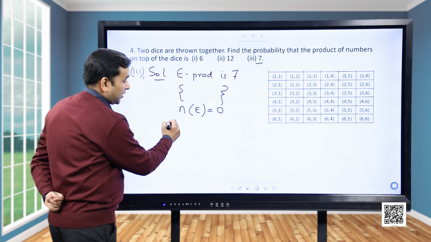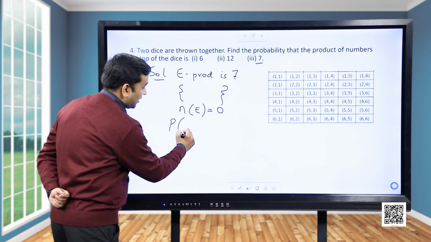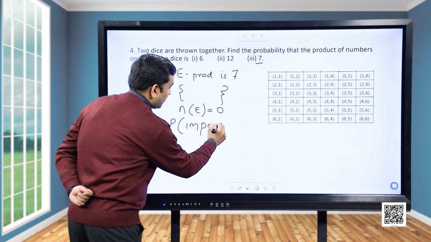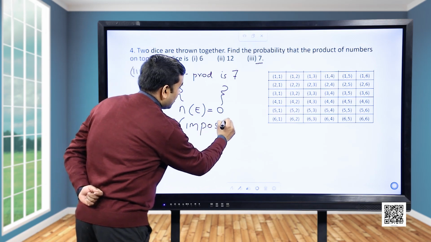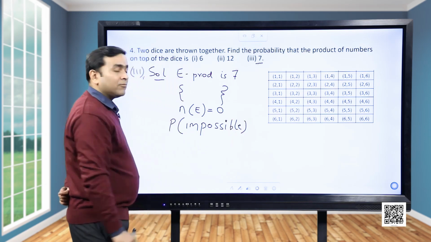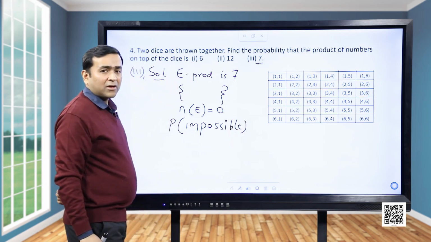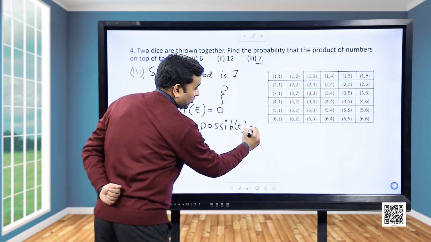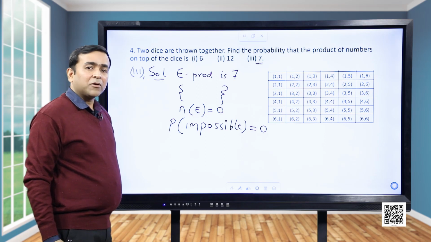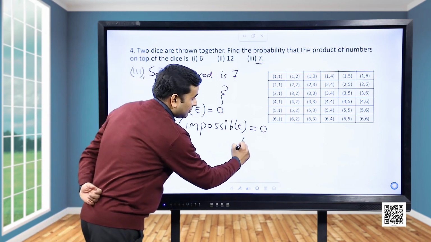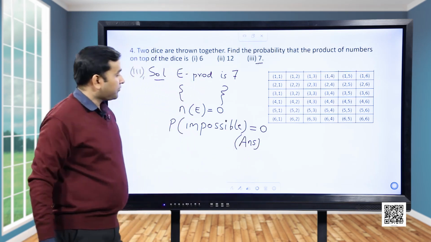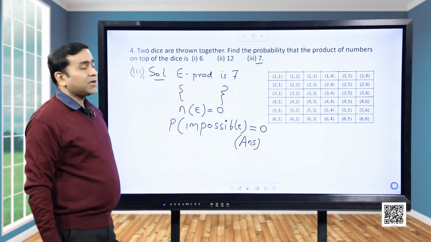So this is an impossible event, and what is the probability of an impossible event? Yes, you are right. It is 0. And this is our required answer. Simple as that. Let us move to the next question.